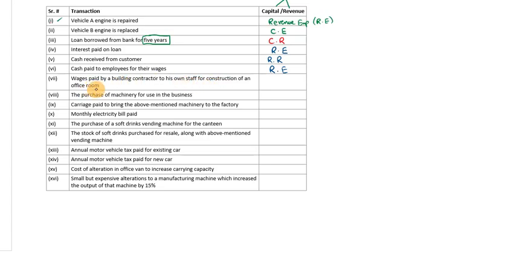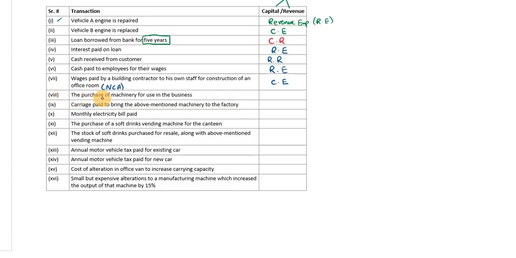So we are constructing the office room, which will give us benefit. So the office room is actually a non-current asset. Any expenditure incurred for a non-current asset is called capital expenditure. So it is capital expenditure, not revenue expenditure.